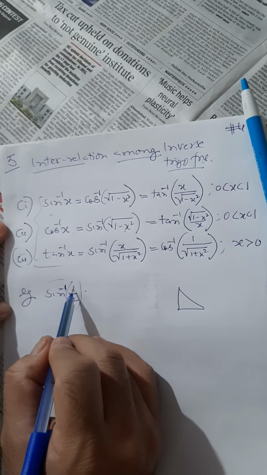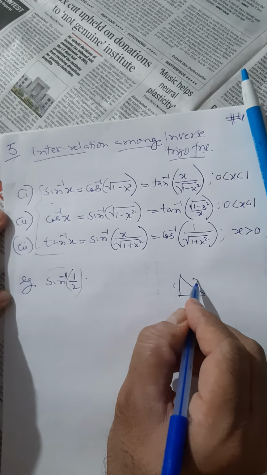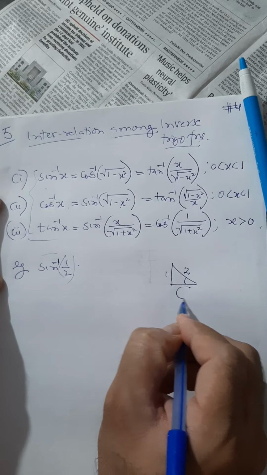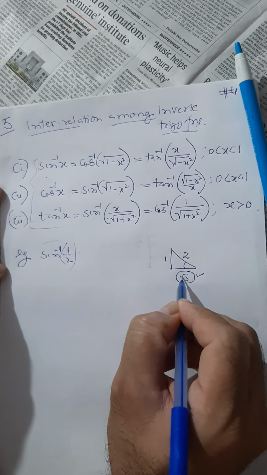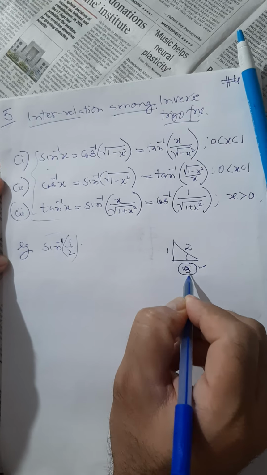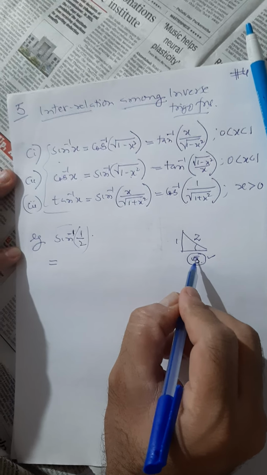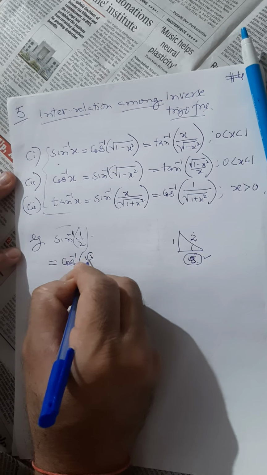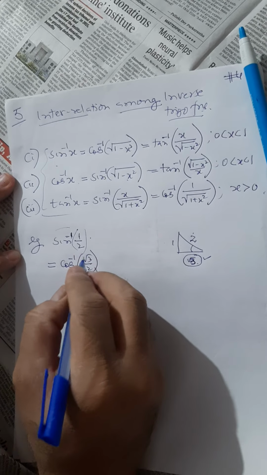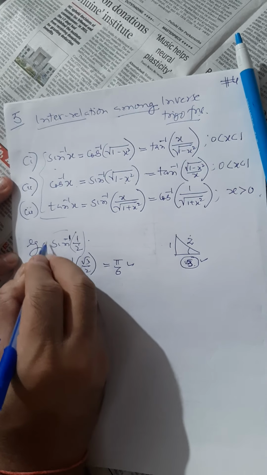Sine, you know, is opposite upon hypotenuse. So this will be root of 4 minus 1, which is root 3. Now you want to write cos from this. What is the cos function? That is adjacent upon hypotenuse. So that is cos inverse root 3 by 2. And you know that these both are pi by 6. That way you can do.